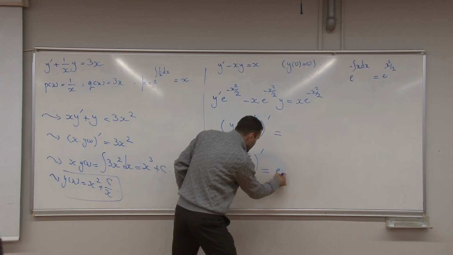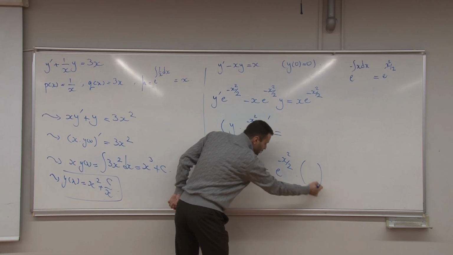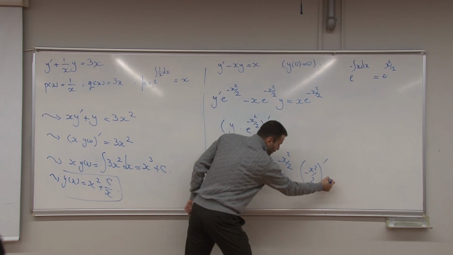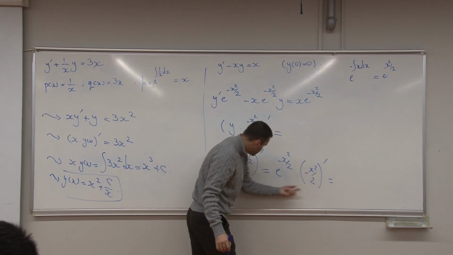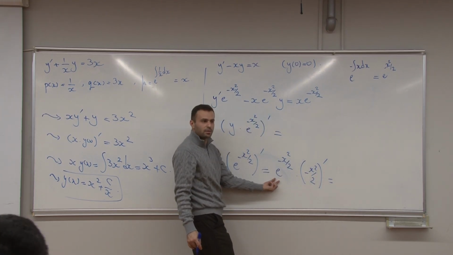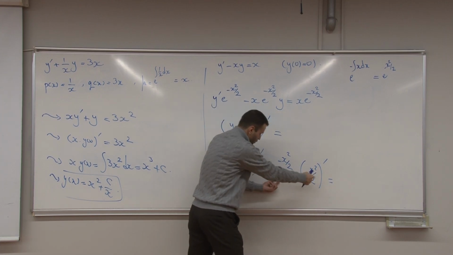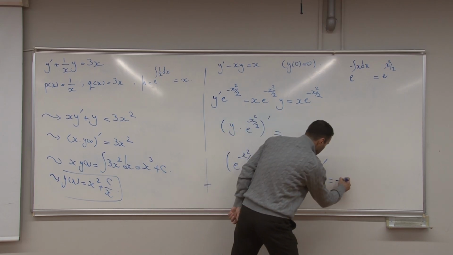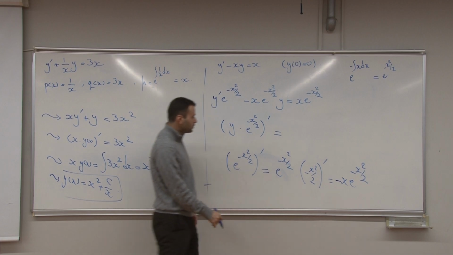So it is going to be e to the power of minus x squared divided by 2, multiplied by the derivative of this. And what is that? This is x, right? x times e to the power of minus x squared divided by 2. Now look at this, with a minus, of course. This is not x, this is minus x. So minus x e to the power of minus x squared over 2.